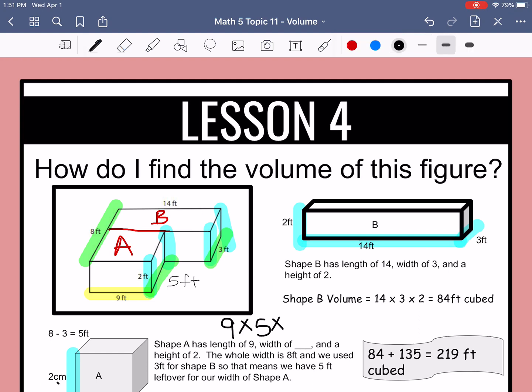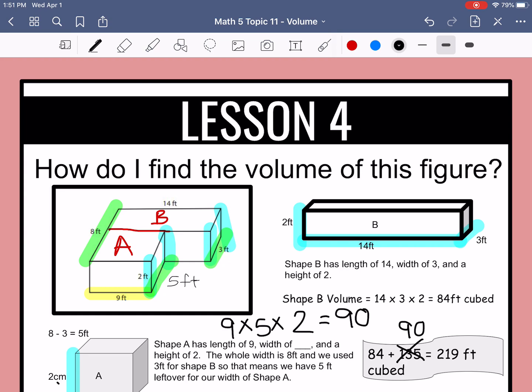So that is correct. So 9 times 5 times 2. 5 times 2 is 10. 10 times 9 is 90. Not that 135, because I was using the 3. So this is 90.